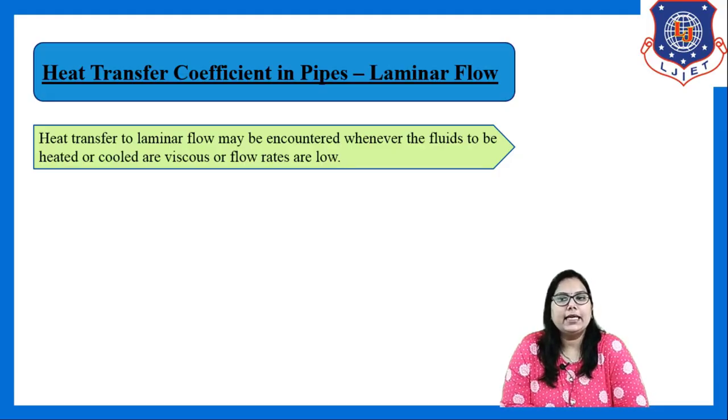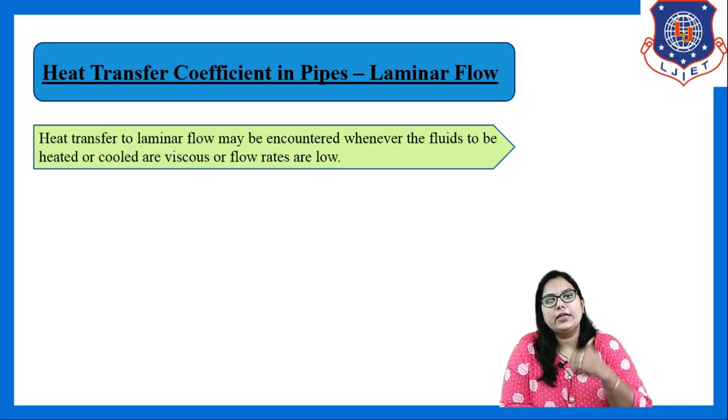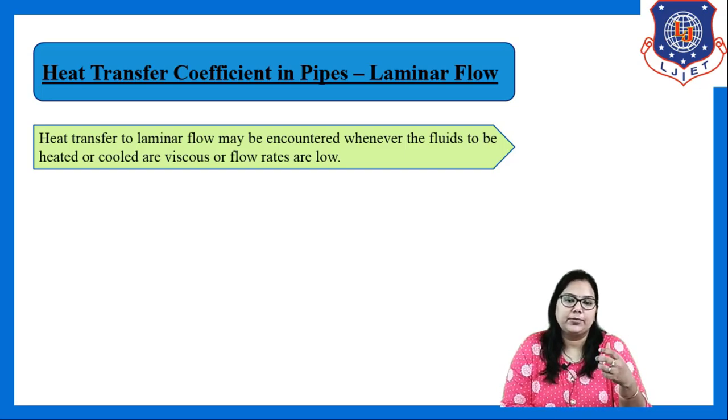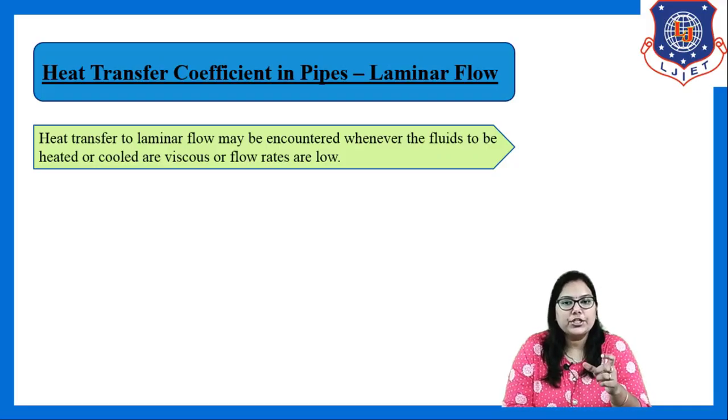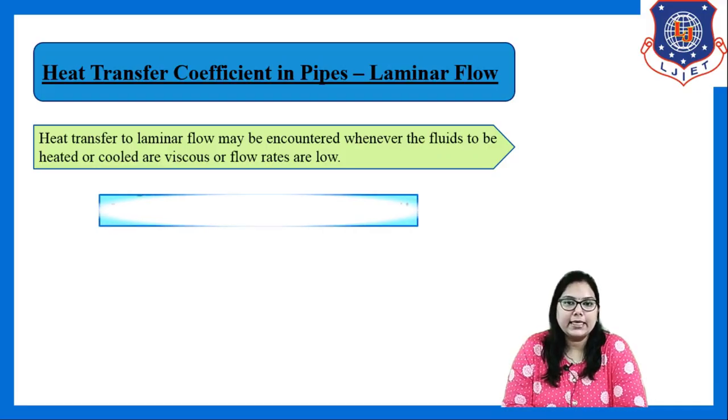So in cases where the fluids to be heated or cooled are viscous, having more viscosity, and flow rates are low, we have to use a particular equation for calculation of heat transfer coefficient. What is that equation?